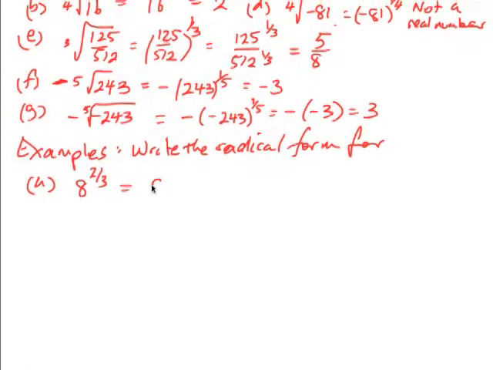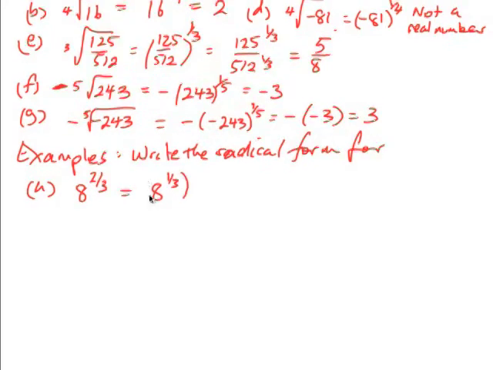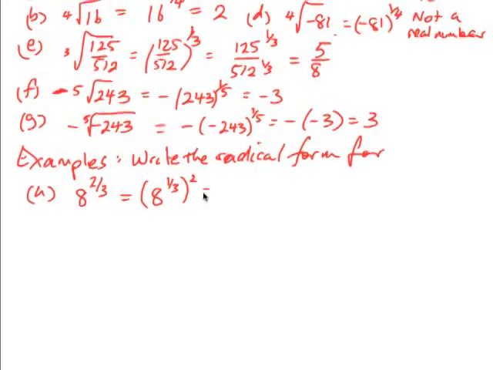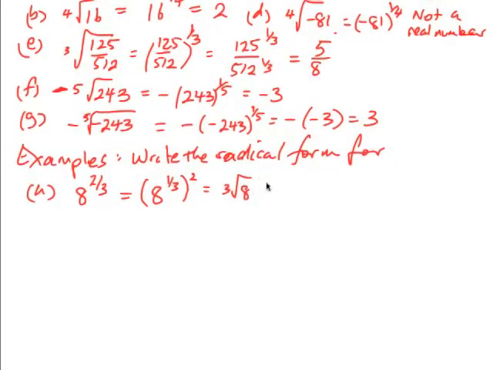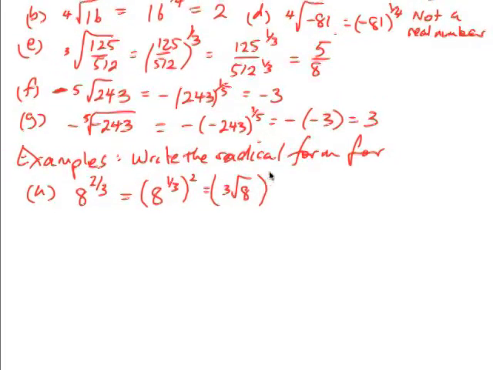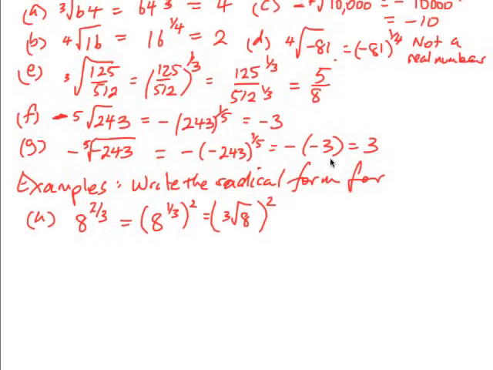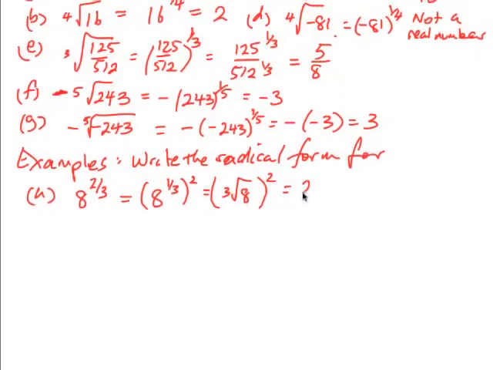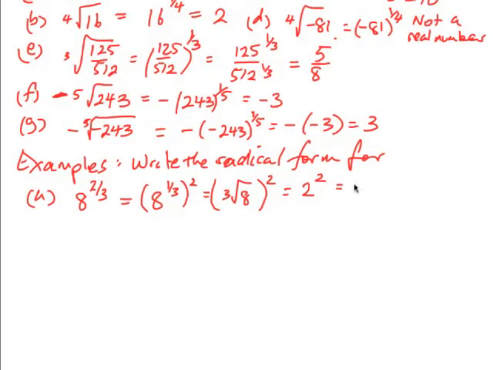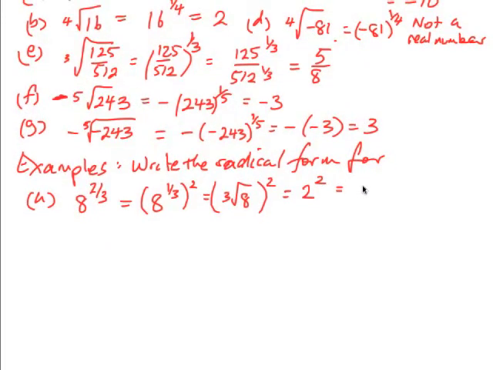So this will be 8 to the 1/3 squared, which of course is the cube root of 8 squared. Okay. So of course we know that this would be 2 to the 2, which would be 4.